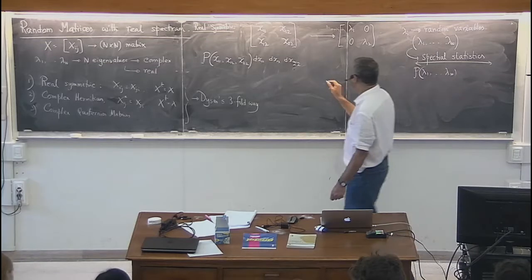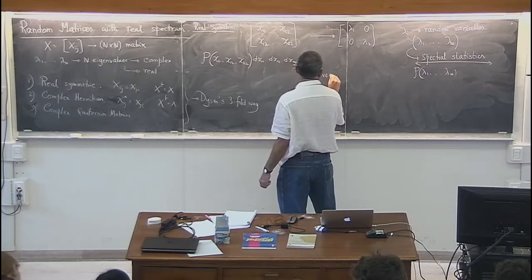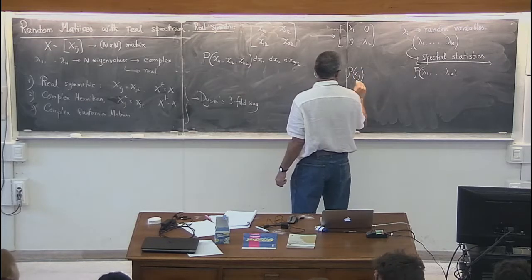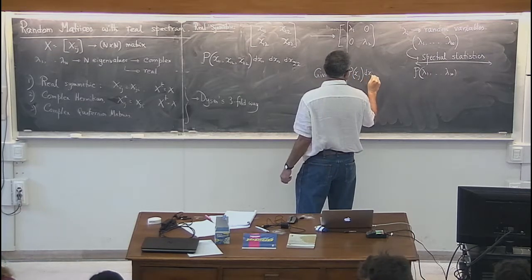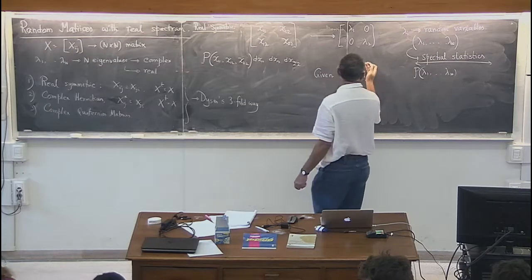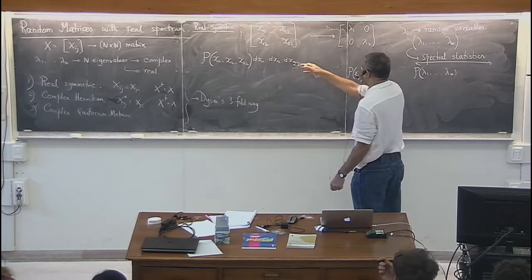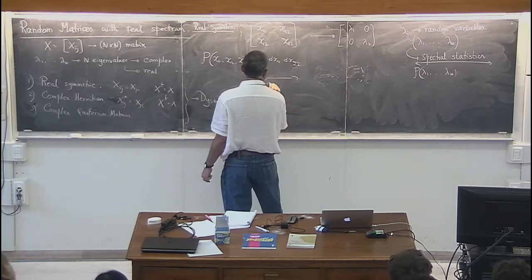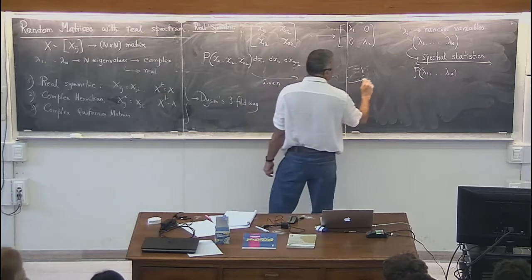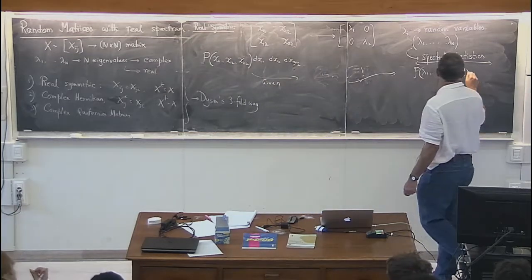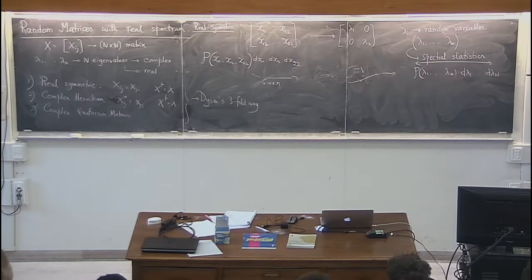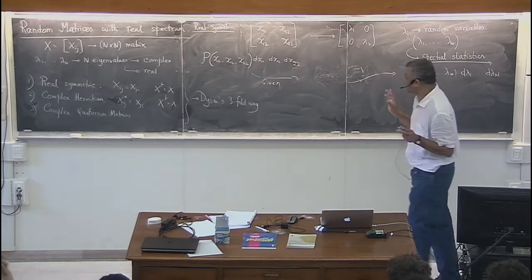So the question is that given this distribution of the entries, how can I calculate this joint probability density of the eigenvalues? Okay, so this is the central problem in RMT, and it's a difficult problem. You cannot do it in general.